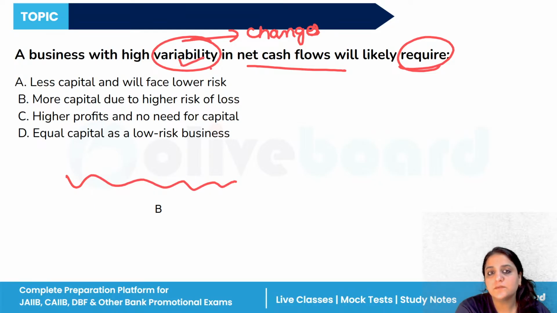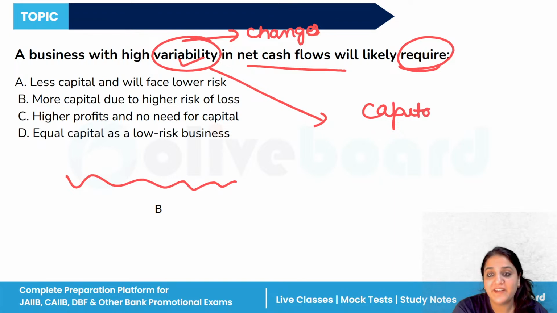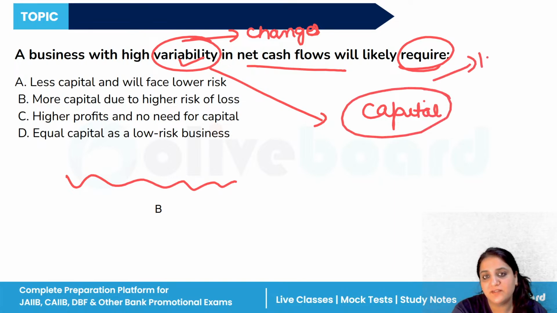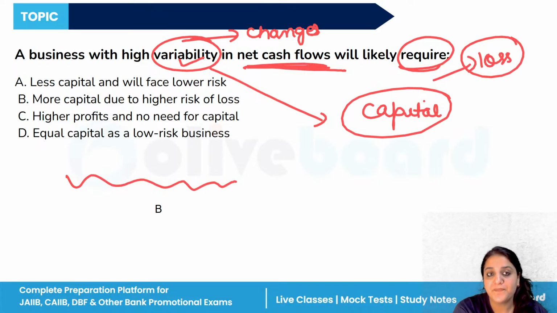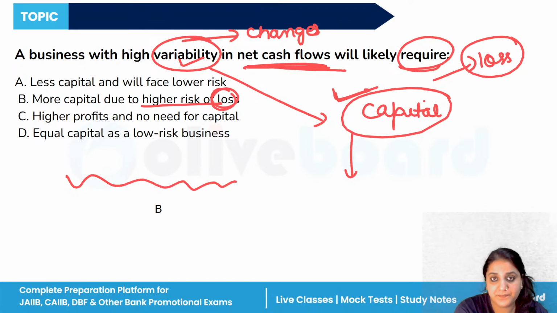So in these types of net cash flows, they require more capital, because already there is lots of loss just because of changes in the net cash flows. So they require more capital due to high risk of loss, right?